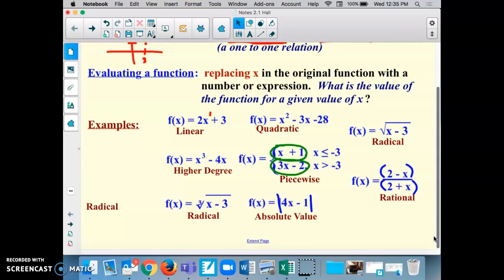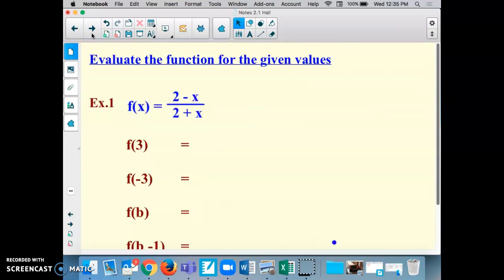Okay, moving on. Let's evaluate the function for the given values. This is as simple as it sounds, plug and chug. We have the function f of x equals 2 minus x over 2 plus x. The first evaluation that we want to do is plugging in 3. This one says take 3, plug it in for x. No problem.